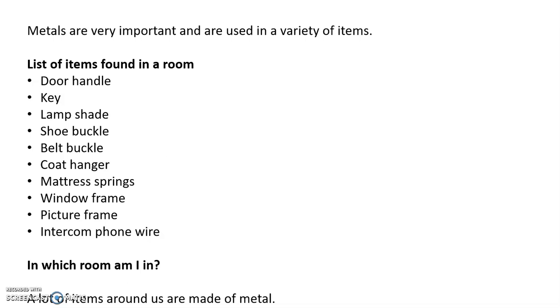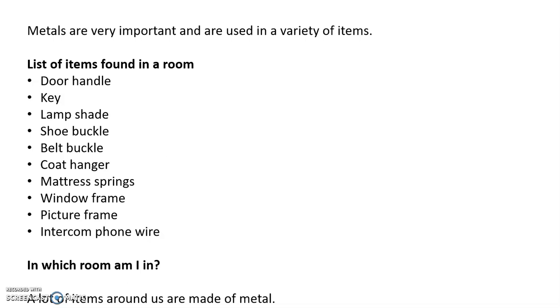So in this room that I'm in, I can see a door handle, a key, lampshade, shoe buckle, belt buckle, coat hanger, mattress springs. Well, I can't see the springs, but I can feel the springs. And then window frame, picture frame, intercom phone wire. In which room am I in? Well done if you said bedroom.